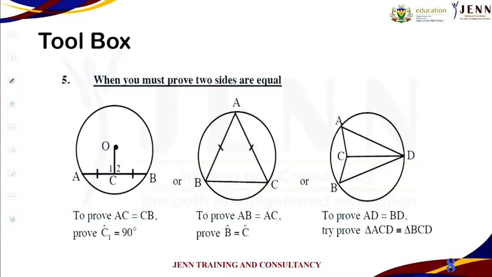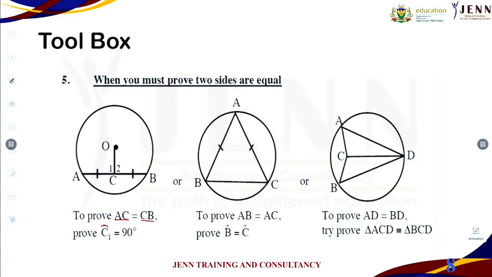Right. And then under, again, our toolbox, like I indicated, when you must prove two sides are equal. Now, if you must prove that two sides are equal, you must check where the sides are located. So that simply means to prove that AC is equal to CD, you must prove that either angle C1 is 90 degrees or angle C2 is 90 degrees.